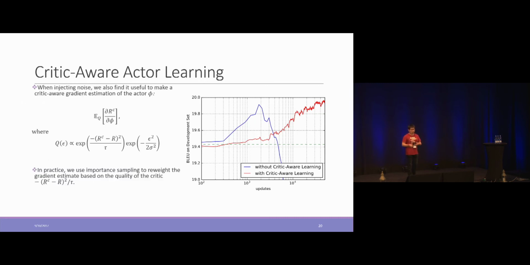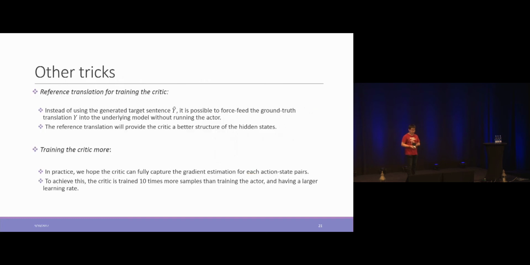The effect can be achieved by using importance sampling to reweight the gradient estimate based on the quality of the critic's output. Here is a figure showing that if we don't use critic-aware learning, sometimes when we train a bit, the score will drop dramatically because it's not stable to train the actor in the high-dimensional space. But if you carefully tune the actor, you can eventually have a better score.